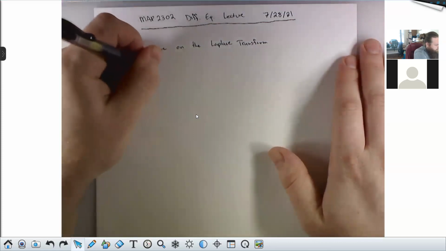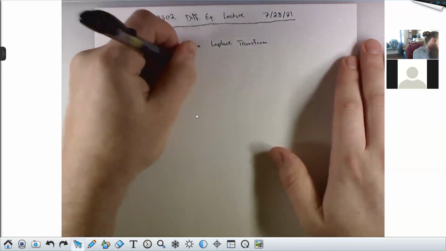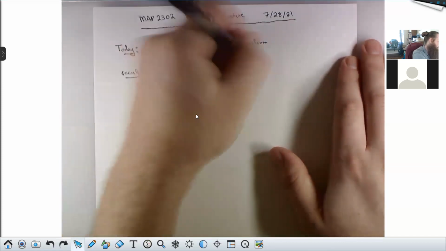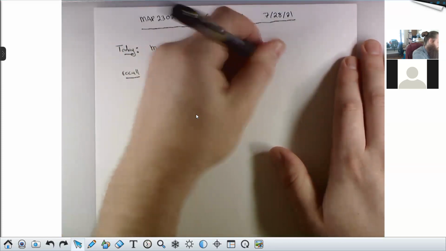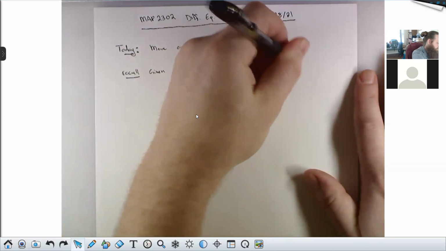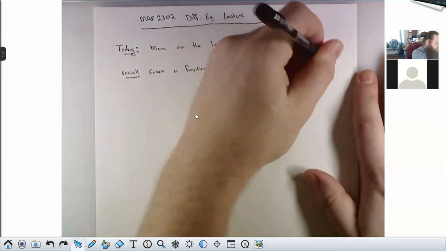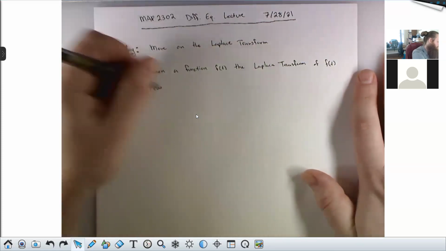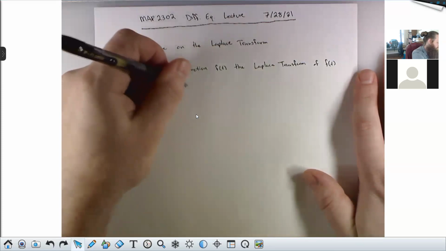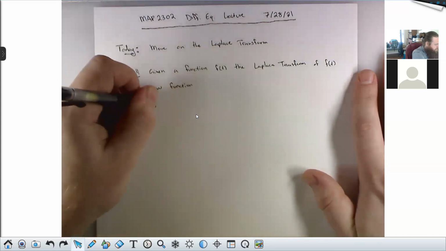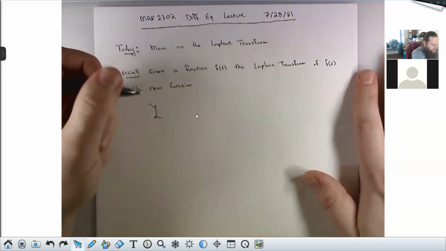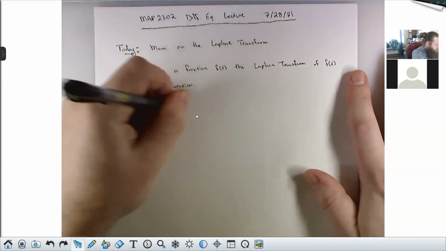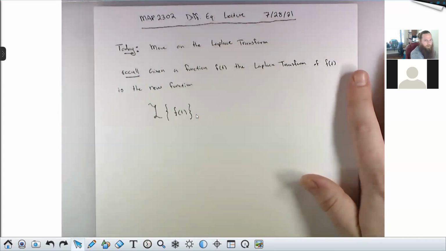Given a function f of t, the Laplace transform of f of t is the new function, script L. Sometimes they use curly braces, sometimes parentheses, sometimes square brackets.